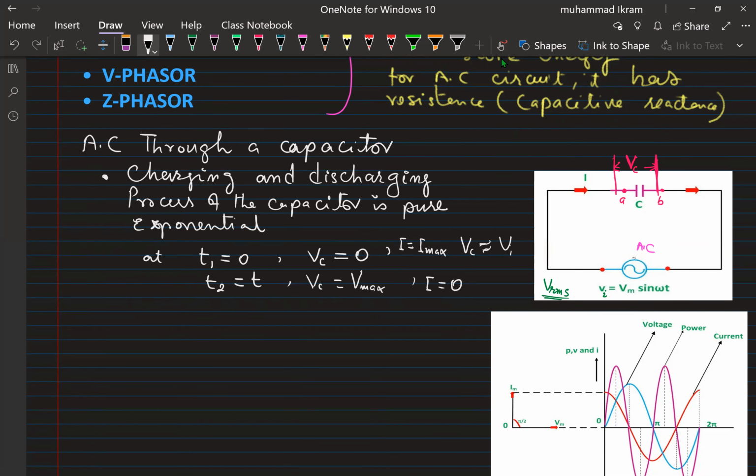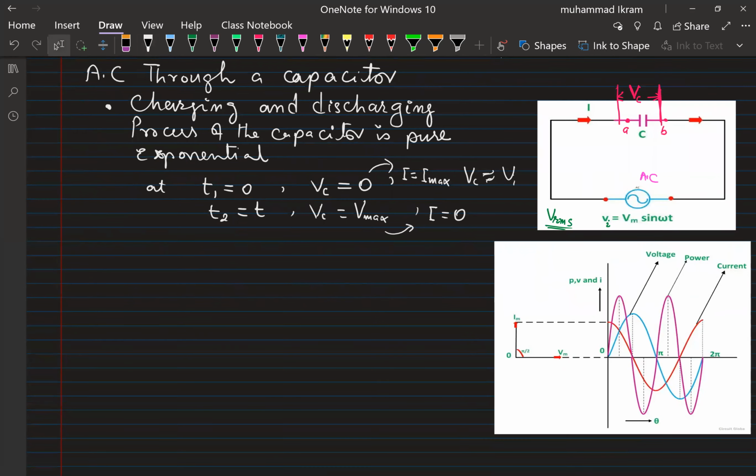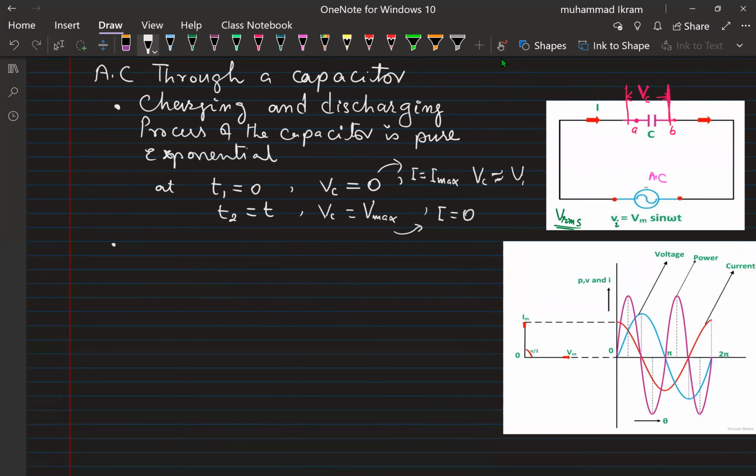It was Imax. This implies this and this implies this. Now let us see what this really means. This means that in a pure capacitive circuit, current leads.